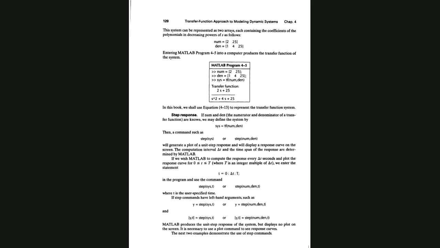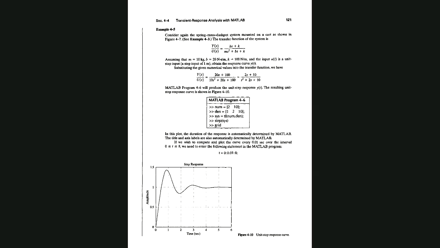So we find the step response by saying y step. You can specify the time, if you like, or you can find the time. You can also find the step response by just saying num and denominator. For example, you can go through these examples if you like. Step response is found here.